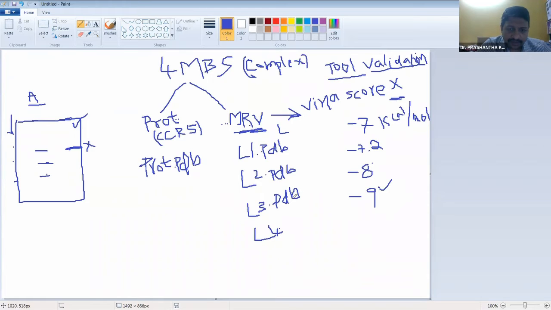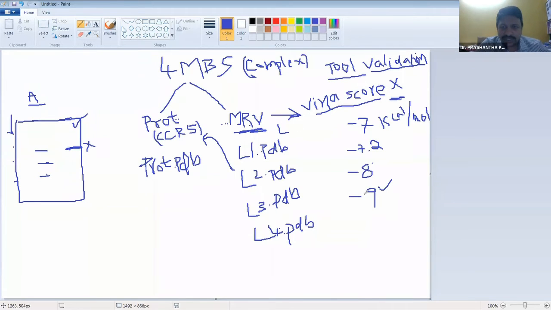Then we will allow all these ligands to interact with this protein.